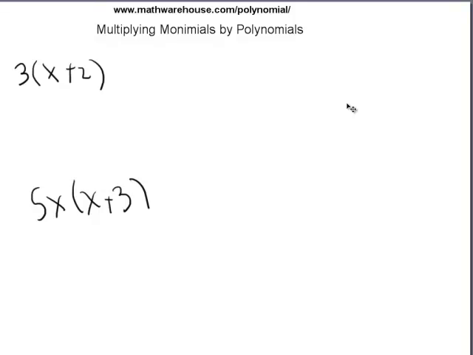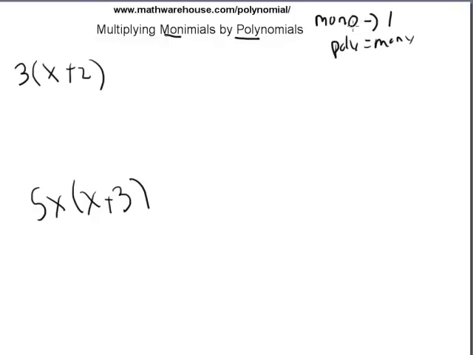Okay, so to multiply a monomial by a polynomial, let's first make sure we're clear on what these words mean. As you can see, the only thing that really differs is the beginning of the word, mon versus poly, and you might be familiar with the idea of monotonous, which means it sounds like one tone. Mon means one, poly means many, right?